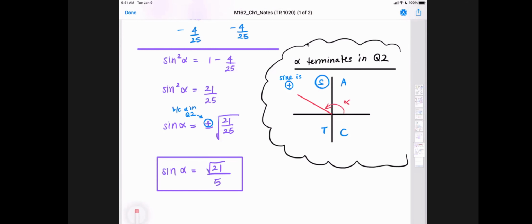And this denominator, square root of 25, is 5. All right, so that's one way that we use the Pythagorean identity.